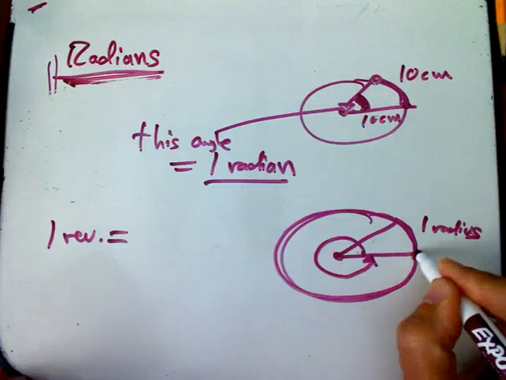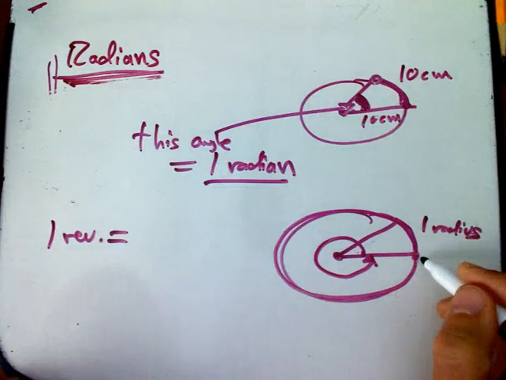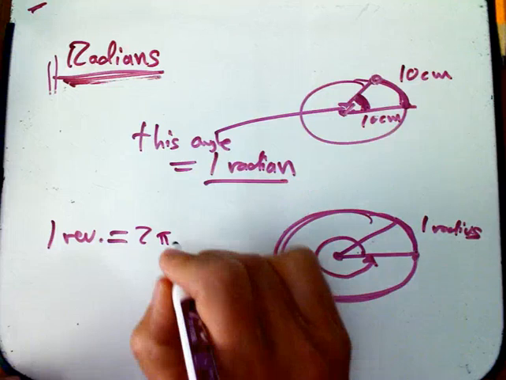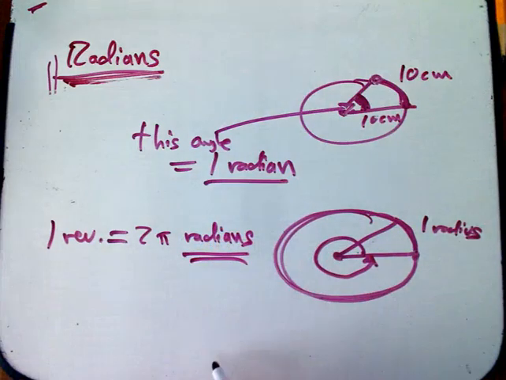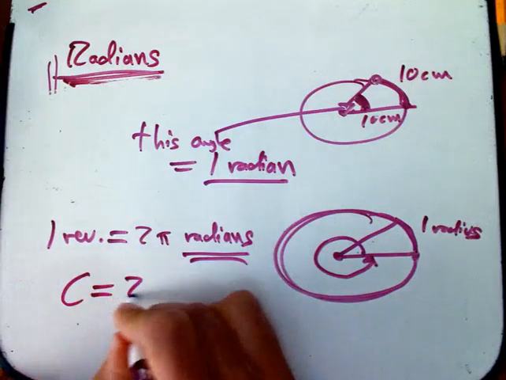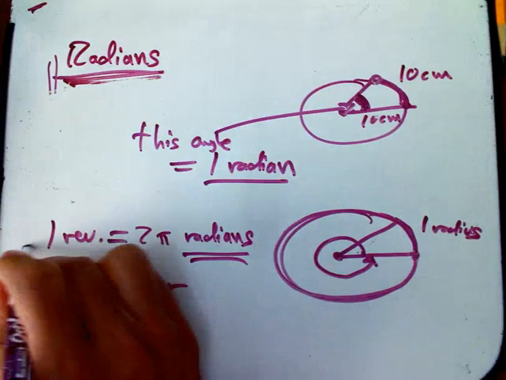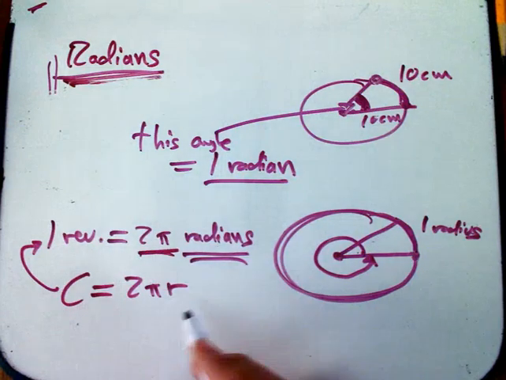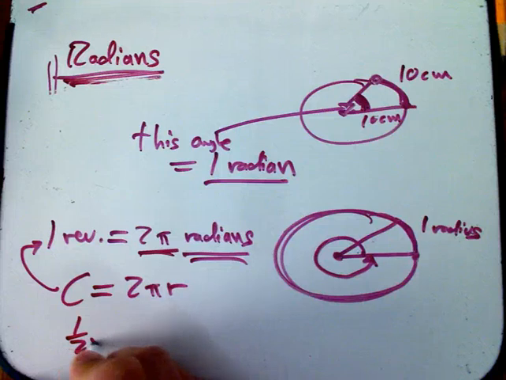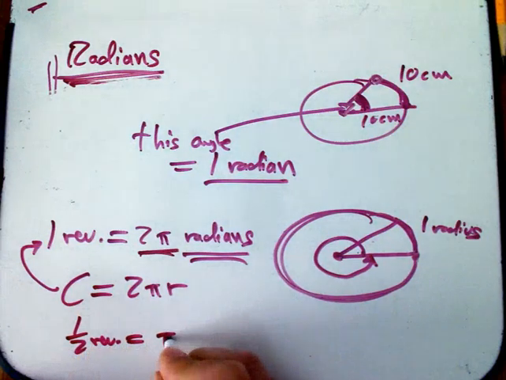The full circumference is 2 pi times the radius. So it's going to be 2 pi radians. When we measure one circumference in units of the radius, this equation just becomes this. Going once around the circle, 1 full rotation, is 2 pi radians. 1/2 of a revolution will be pi radians.